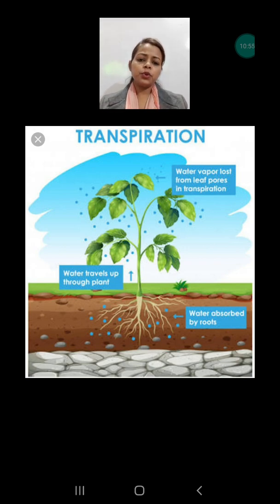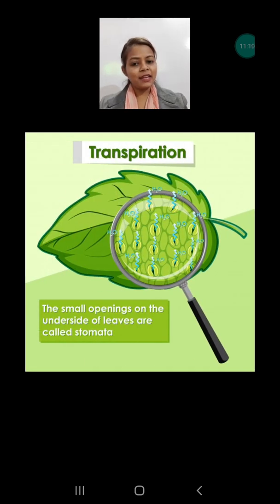But after photosynthesis, if they have extra water, the plants release this extra water in the form of water vapor. This process is known as transpiration. I hope you all have understood, and in this process the stomata play a very important role. So I hope you have understood the different parts of the leaf and also the process of transpiration.